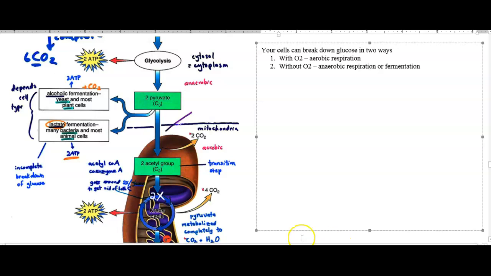And different organisms are going to do this anaerobic respiration different ways. So let's look over here. Let's look at alcoholic fermentation.